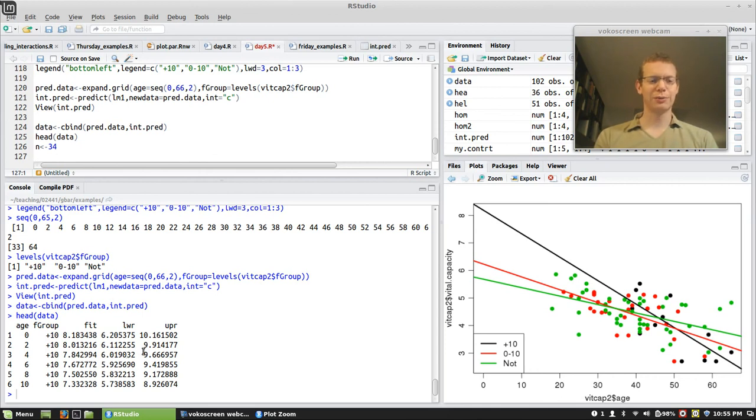For each age here I get a fit and lower and upper bound, and I can either do the first 34, the next 34 and the last 34, and do that once and for all, because if I want to do all in one go I will get some weird lines going back and forth in this here.